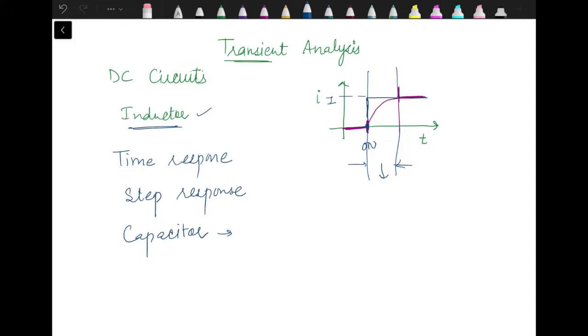Again, there is some time required to change the voltage from its initial value to the new value. So how the inductor and capacitor affect the circuit comes under the transient analysis.